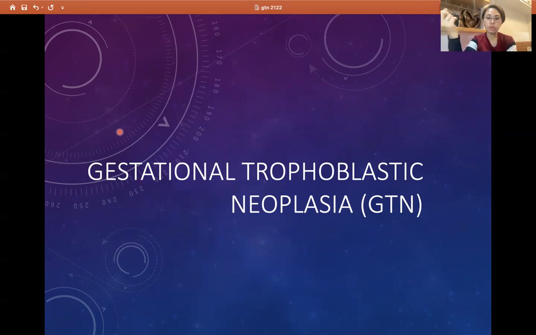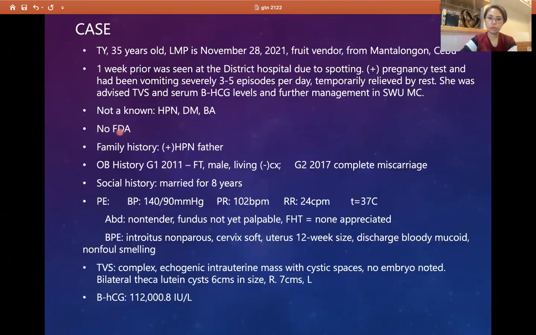So as we move on to the trophoblastic neoplasia, let me just emphasize and summarize what we have learned so far in the molar pregnancy. So we have a case here, TY, 35 years old, with her last menstrual period of November 28th.